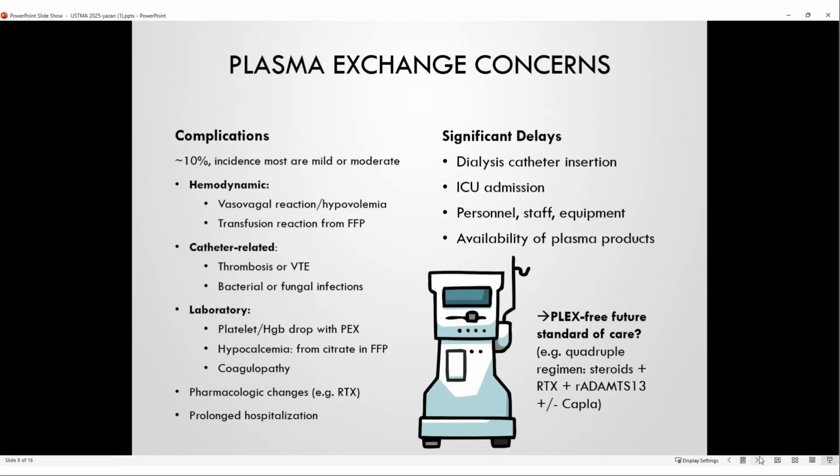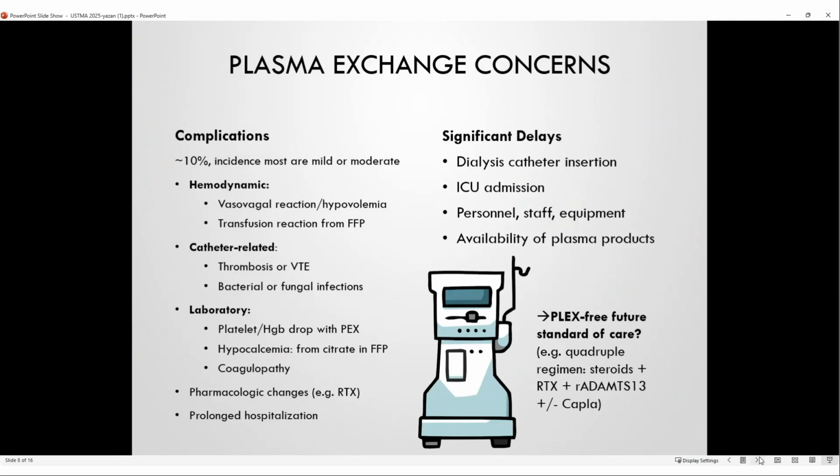These include hemodynamic changes such as a vasovagal reaction, hypovolemia, or a transfusion reaction from FFP, which is the plasma product used in plasma exchange, as well as catheter-related complications such as thrombosis or blood clots in the catheter, infections, and then there could be different laboratory or metabolic derangements associated with plasma exchange.